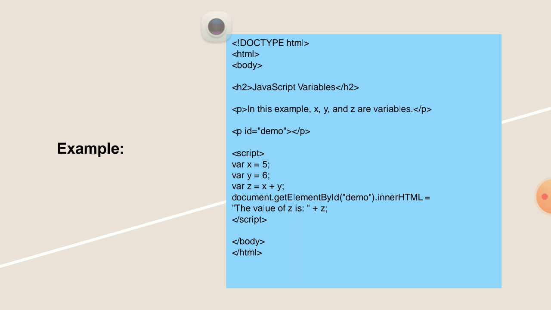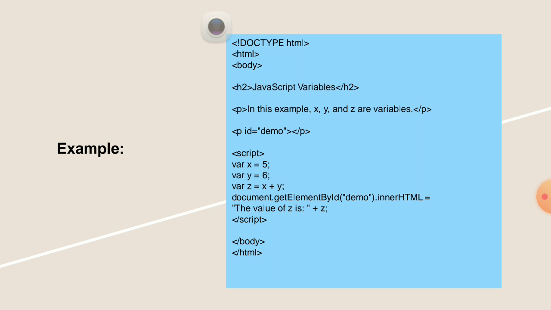For an example, we start the HTML body section, then an h2 heading, JavaScript variables, and a p paragraph saying that in this example x, y, z are variables. A p with id demo is declared for scripting.